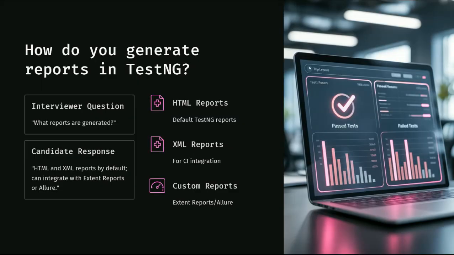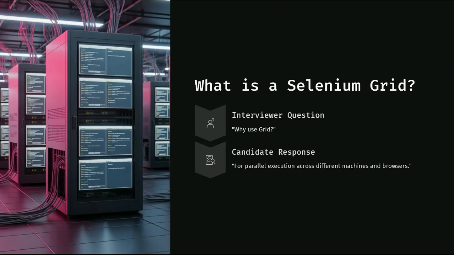Next is, how do you generate reports in TestNG? Or what reports are generated in TestNG? Candidate: HTML and XML reports by default, and you can integrate with Extent Reports or Allure, right? Next is, what is Selenium Grid? Or why use Grid?